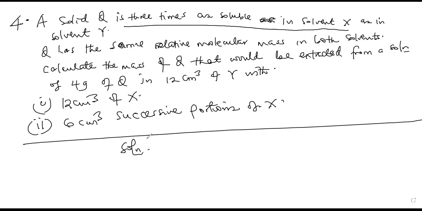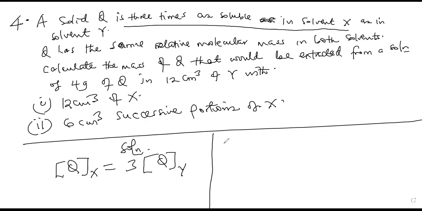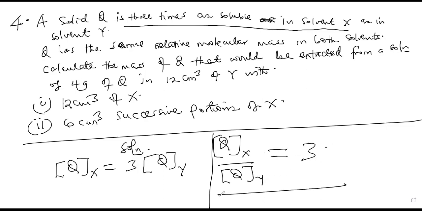Now, it would imply that if they said solid Q is 3 times as soluble in X, it means that it is more soluble in X than in Y, meaning the concentration of Q in X is 3 times the concentration of Q in Y. If you divide by concentration of Q both sides, we have that the concentration of Q in X out of the concentration of Q in Y is equal to 3. And then you move on.